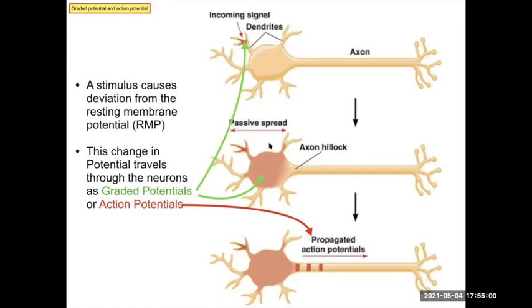It's going to passively spread around the dendrites and cell body, or it's going to be an action potential down the axon. We're going to cover more detail about these two types of potentials. Basically, it's a temporary change in the resting membrane potential due to stimuli, and this is the way cells communicate with each other.